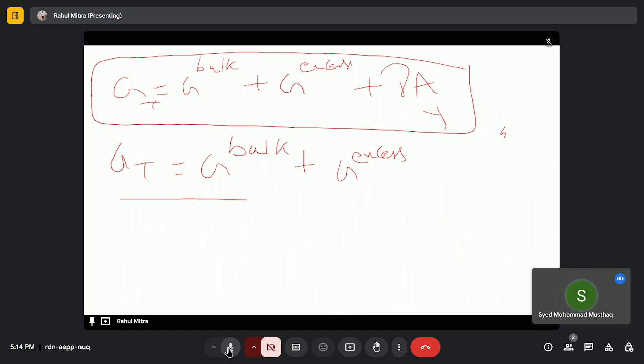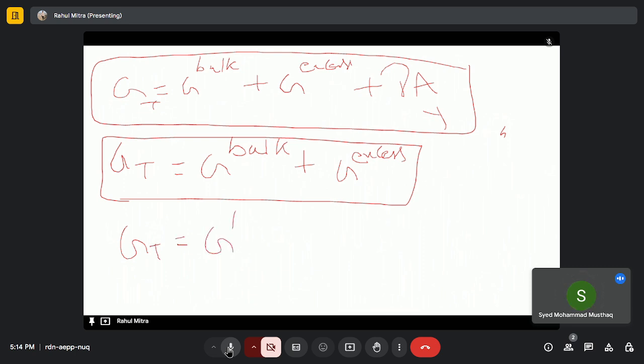Now this is for the regular solutions. Now what about ideal solutions? For the ideal solutions and the bulk materials, G total equals G bulk. That's right for nanomaterial.